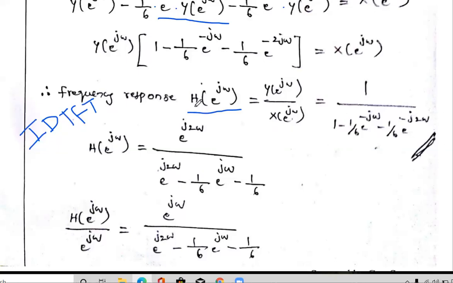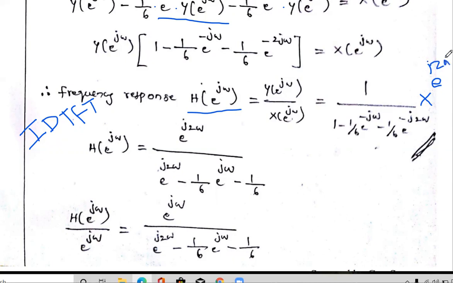In H of e power j omega, the e power minus j terms are there. In order to convert these negative powers of e into positive powers, you just multiply both numerator and denominator with e power j2 omega.